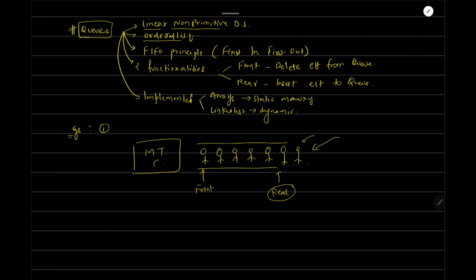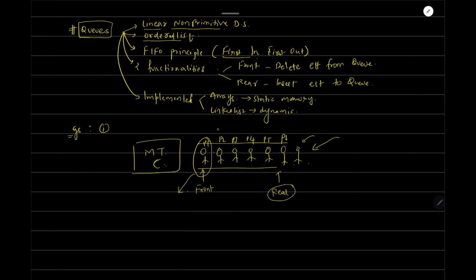At the counter, the person who will be first leaving this queue is the front person. The person at the front side will be moving out, because he gets priority access in this queue, as he is the first person who entered. So first in: P1, P2, P3, P4, P5, P6.